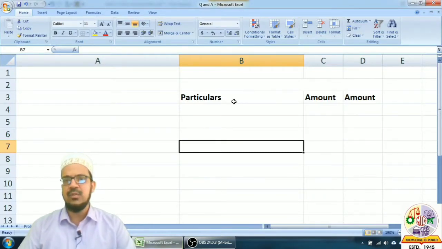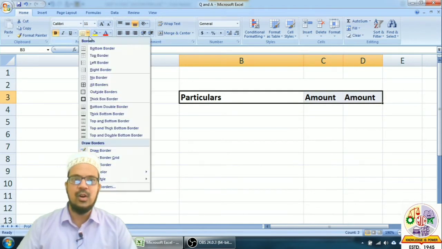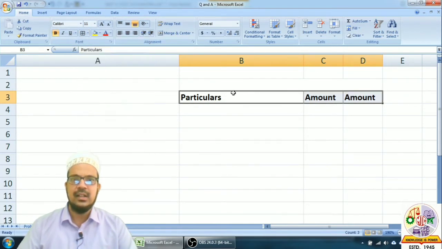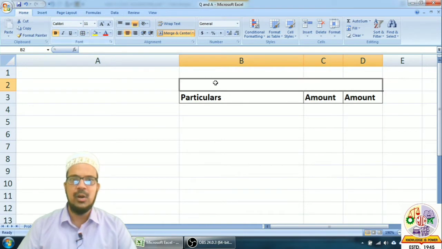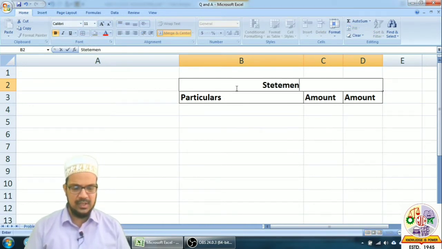Just like the last problem, you will make 3 columns here. One will be for particulars and the other 2 will be for amount. In the heading we will give: statement showing factory cost.